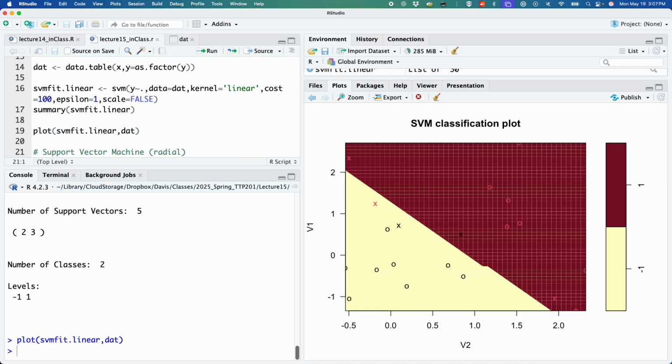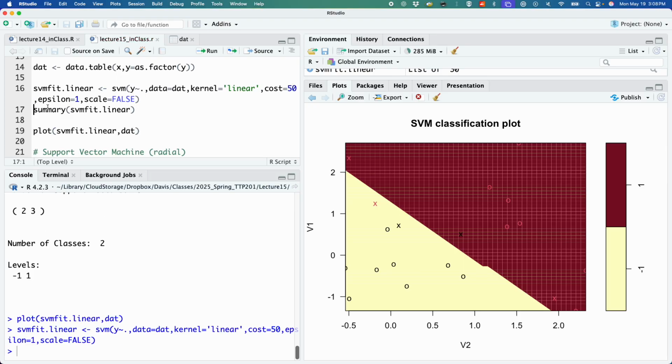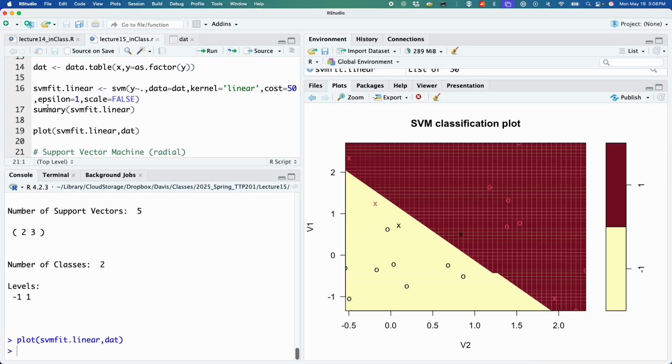The thing is, at a certain point, changing your budget to be really large will converge, because once you have a large enough budget, you'll always arrive at the same classifier, since it will have maximized your support vectors. So I would imagine that at a cost of 100 versus a cost of 50, this shouldn't change very much. And it's basically the same.